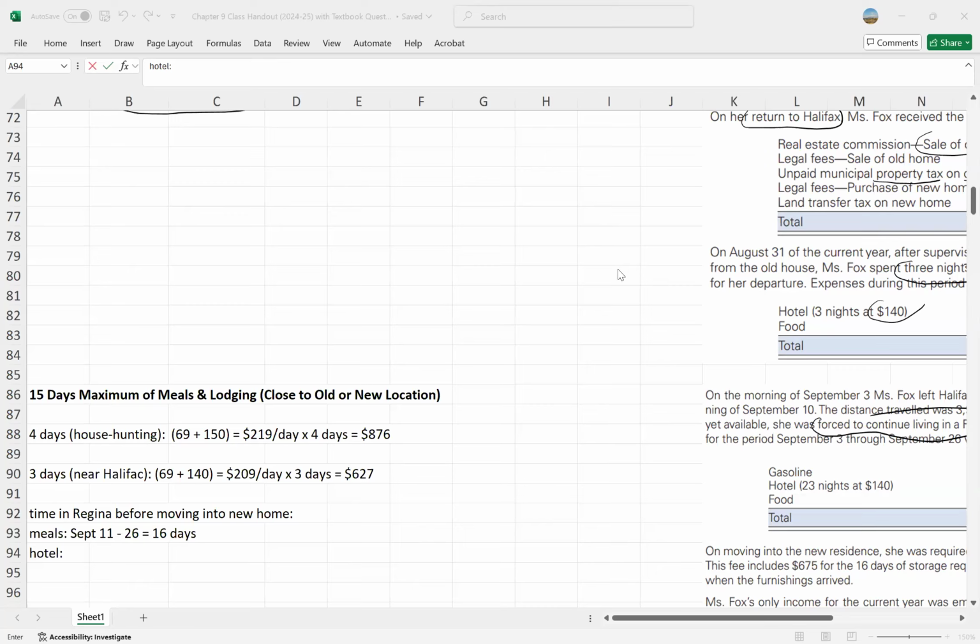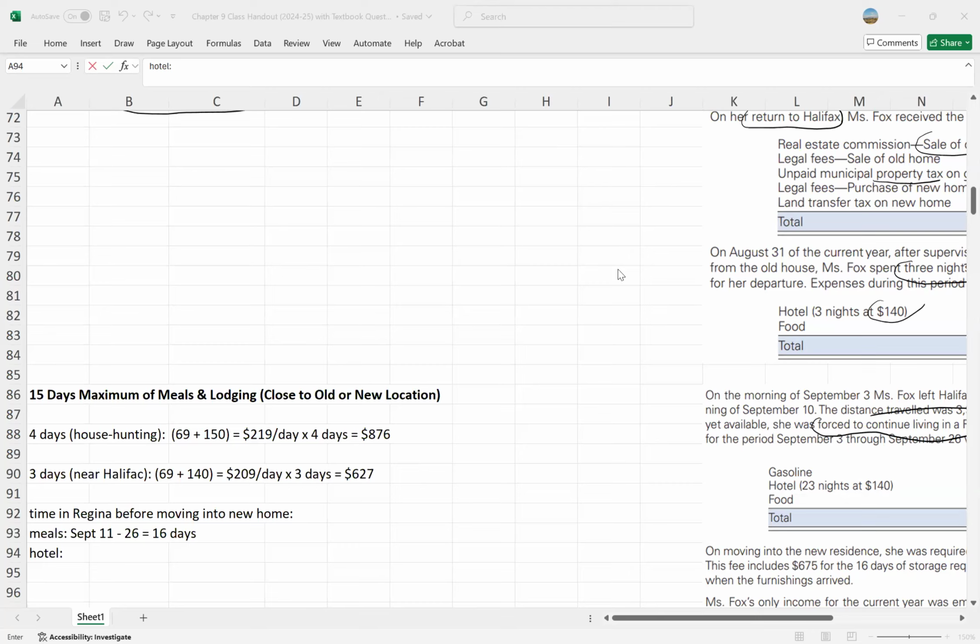And that's what a lot of taxpayers will probably do, because they're probably not going to be eating really lavish meals when they're actually traveling, probably a lot of quick fast foods. And so most taxpayers, when they're calculating their moving expenses, will probably use the $69 because that's probably going to be more than they actually spend. Now, what if you spend more than the $69?